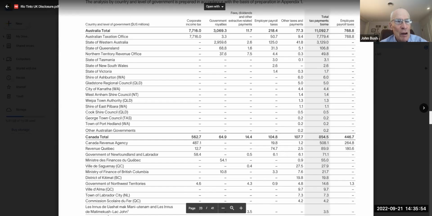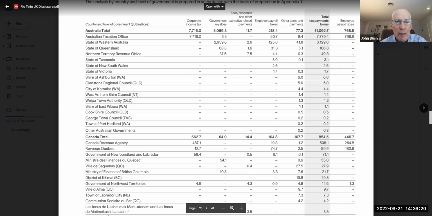So the far left column, you can see it's corporate income tax. What is government royalty? Well, government royalties are clearly not taxes, but one could view them as a form of funding for the government. So the royalties are what we talked about yesterday. These are the amount of payments that go to the government, not as taxes, but as pre-tax royalties.